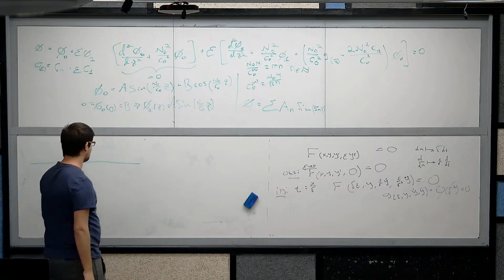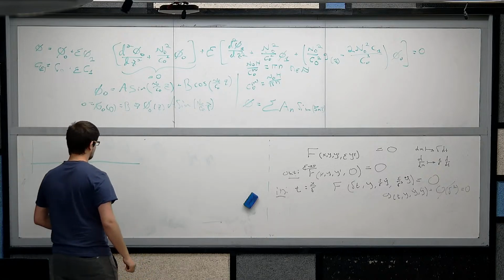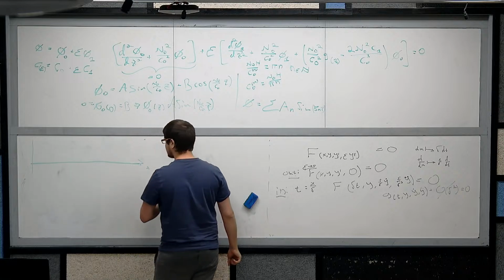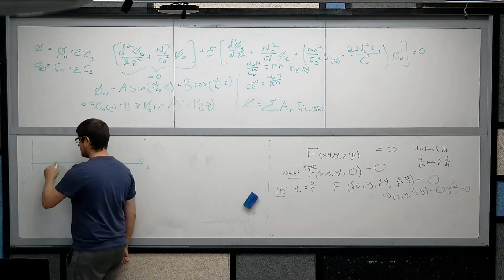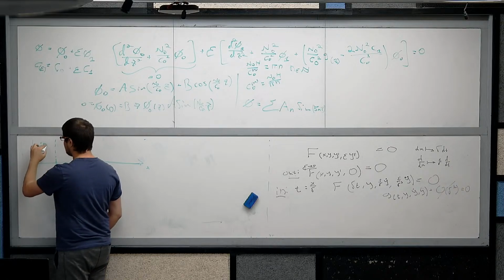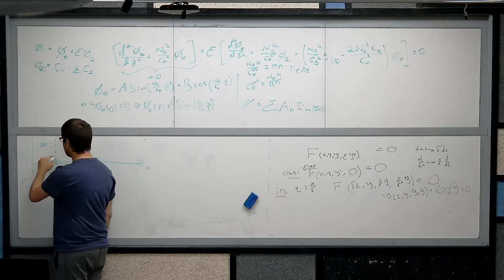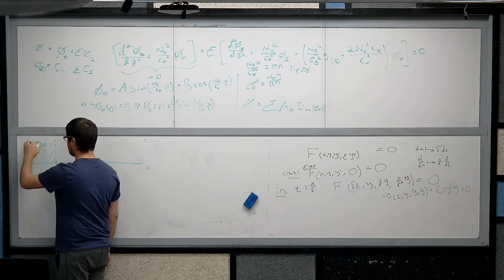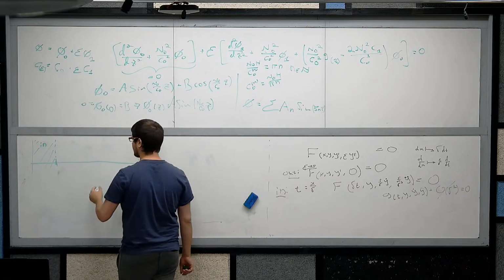You have something like that. You have x, and to here, that will be the inner solution. You should also have two boundary conditions.